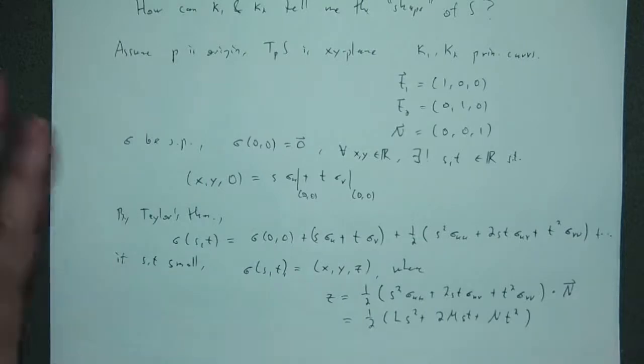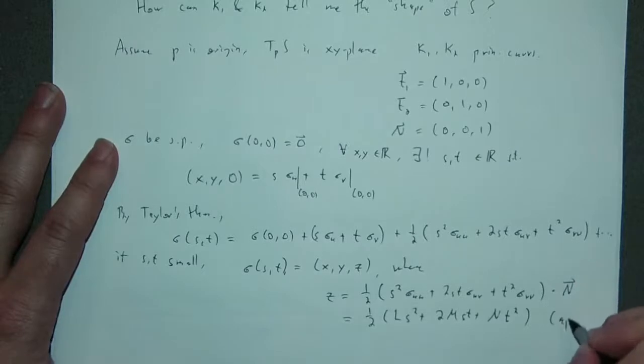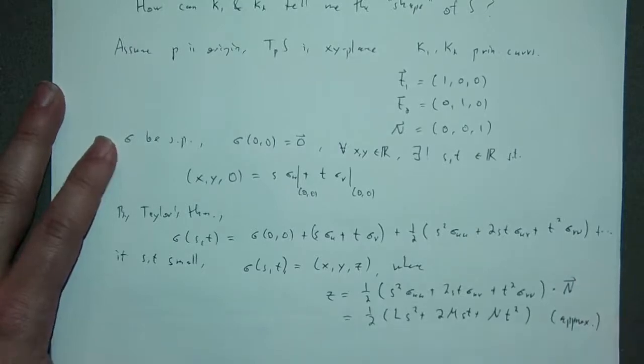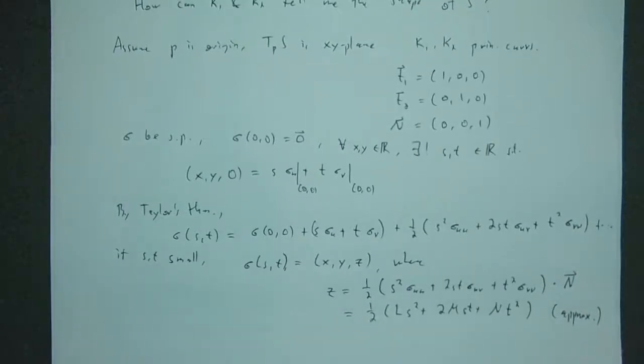This is approximately the case when S and T are small. I'm evaluating second fundamental form terms here at the origin, right? So this is my second fundamental form near the origin.